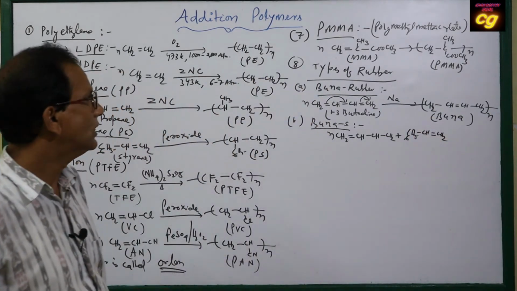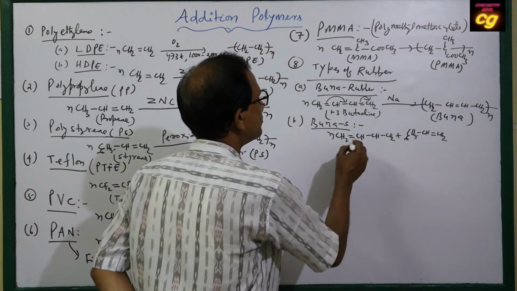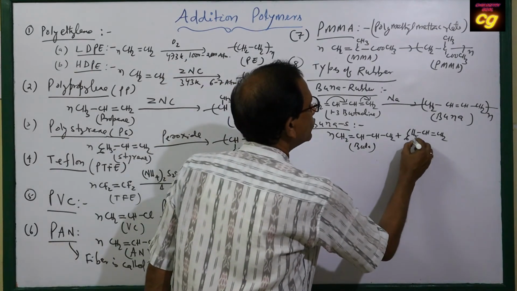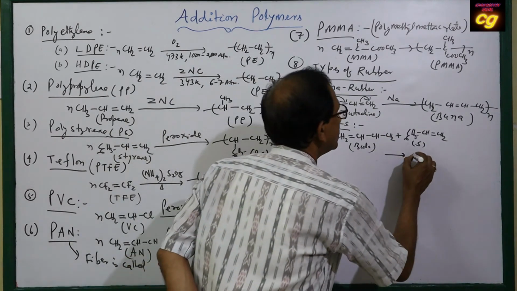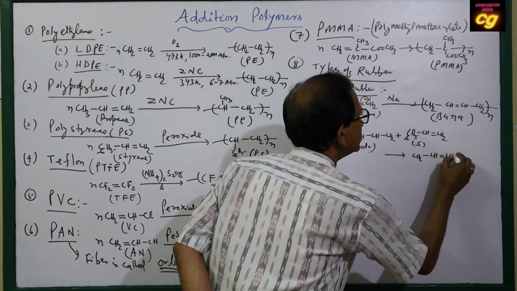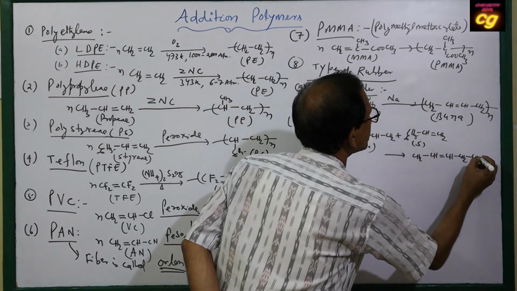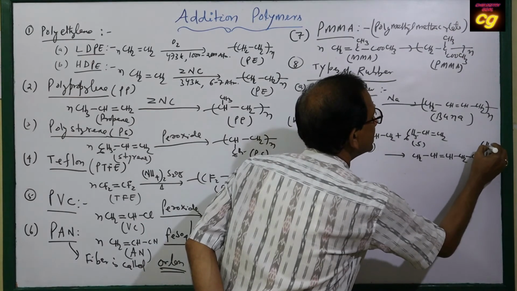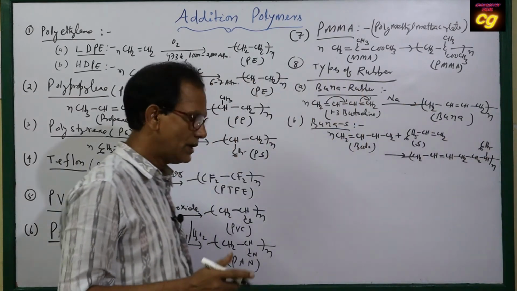Here we can say it is a copolymer, because 1,3-butadiene and styrene are both combined. When combined, it produces the monomer units: CH2, single bond CH, double bond CH, then CH2, then remaining CH, CH2, then CH, C6H5, then both sides extended. Like this, everything is same.